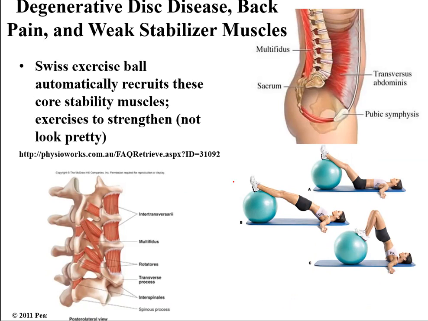Instead, any kind of balancing exercise or core exercises are inherently building up these muscles. So anything where you're standing on one foot, or with this Swiss exercise ball here, you have to stabilize your core as you are balancing.